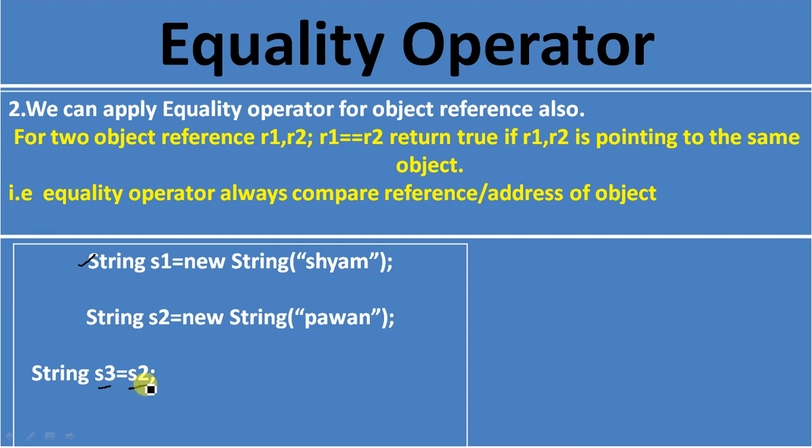We are assigning the value of s2 to s3. So s2 and s3 are reference variables pointing to the same object. If you apply s2 equal to s3, what is the result? The result will be true.